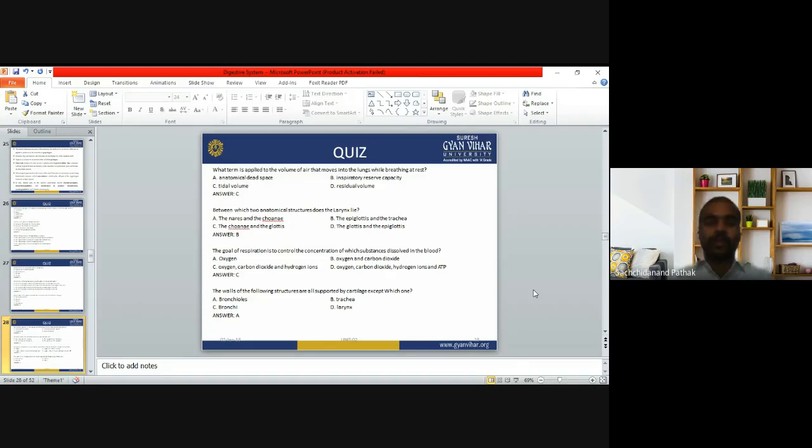Answer B is correct, epiglottis and trachea. The goal of respiration is the control of the concentration of which substances dissolved in the blood? Oxygen, carbon dioxide, hydrogen ions. The walls of the following structures are all supported by cartilage except which one? Yes, bronchioles. It's very easy.